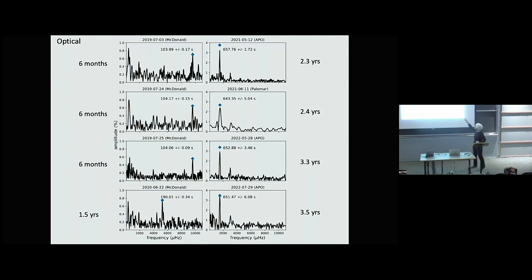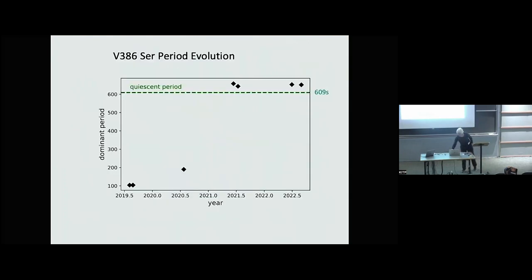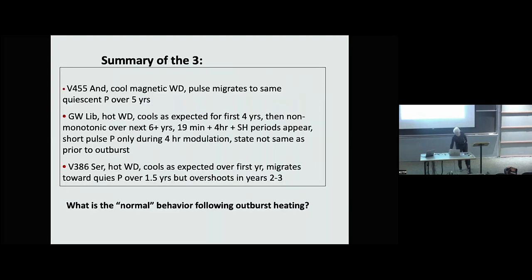The latest data we have now is 2021 and 22, 2 and 3.5 years after outburst, it's now jumped to a much longer period, 650 seconds. And so the period evolution is, there's the quiescent period at 609, after outburst went down to 100, was gradually cooling back, and then overshot. It's now sitting at 650.